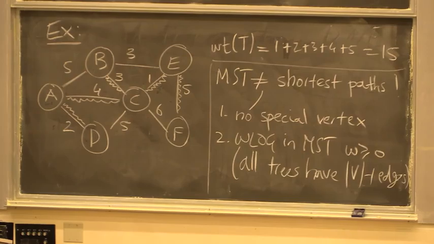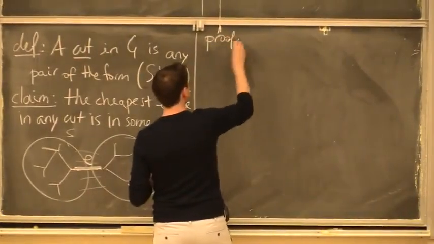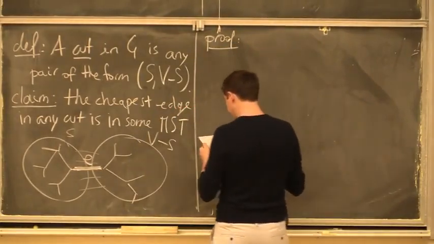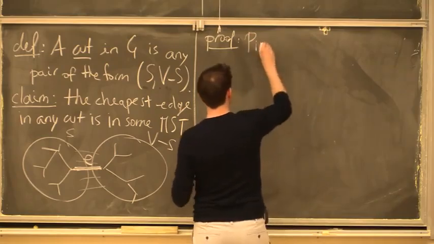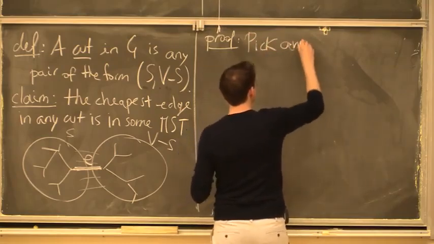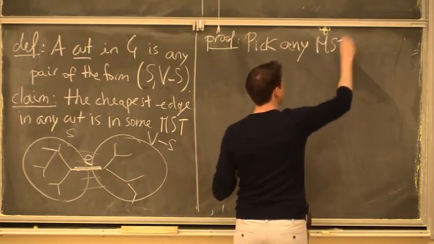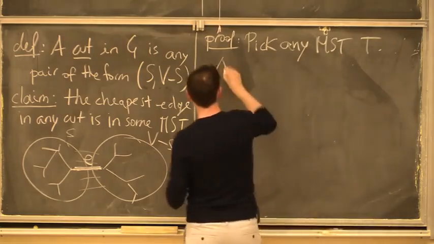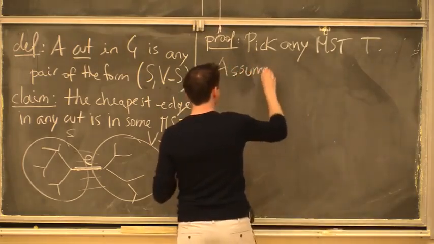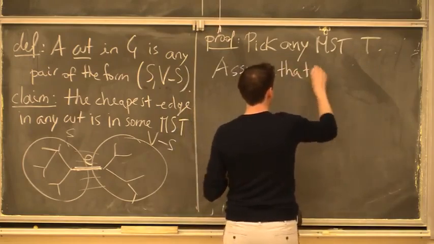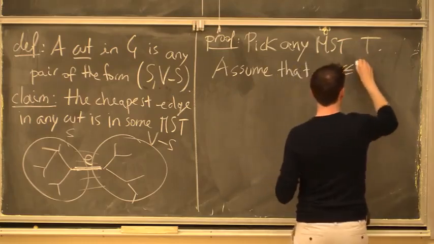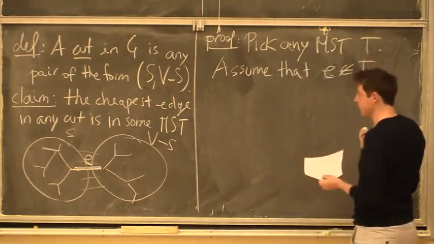Okay. So let's go to the proof. Pick any MST. And we're going to assume that E is not in the MST. Otherwise, we're done.